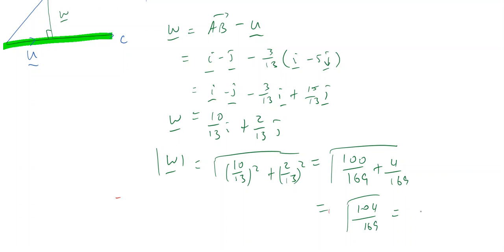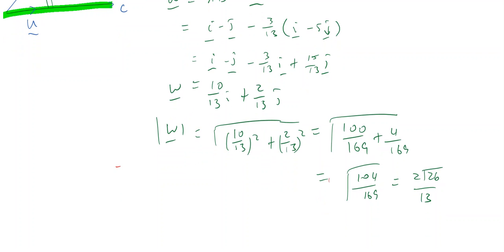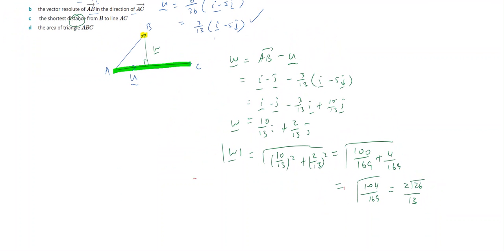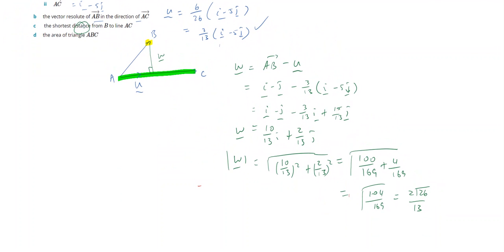Root of 104 over 169. Root 169 is 13, and 104 you can take a 2 out, giving 2 root 26 over 13. Right. So that's the final answer for that.